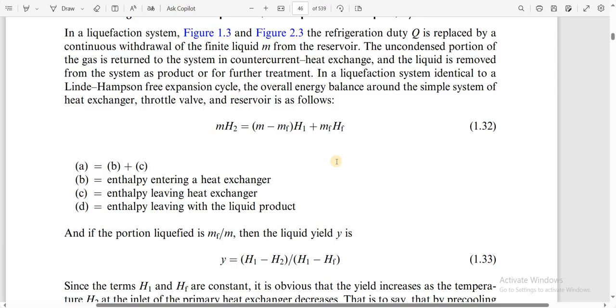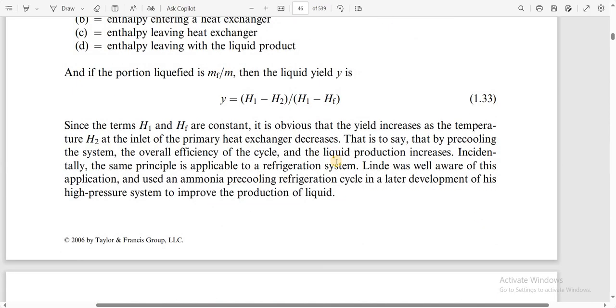If the proportion liquefied is MF by M, then the yield Y equal to H1 minus H2 divided by H1 minus HF. Since the terms H1 and HF are constant, it is obvious that the yield increases as the temperature H2 at the inlet of the primary heat exchanger decreases.